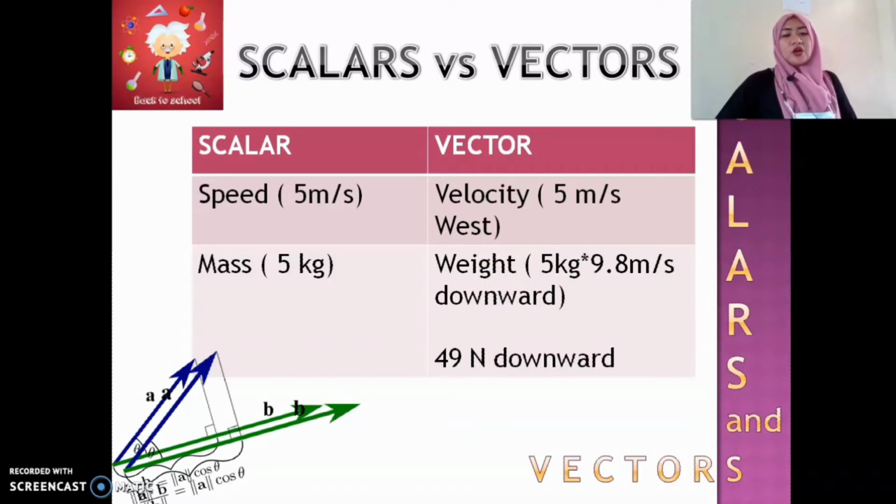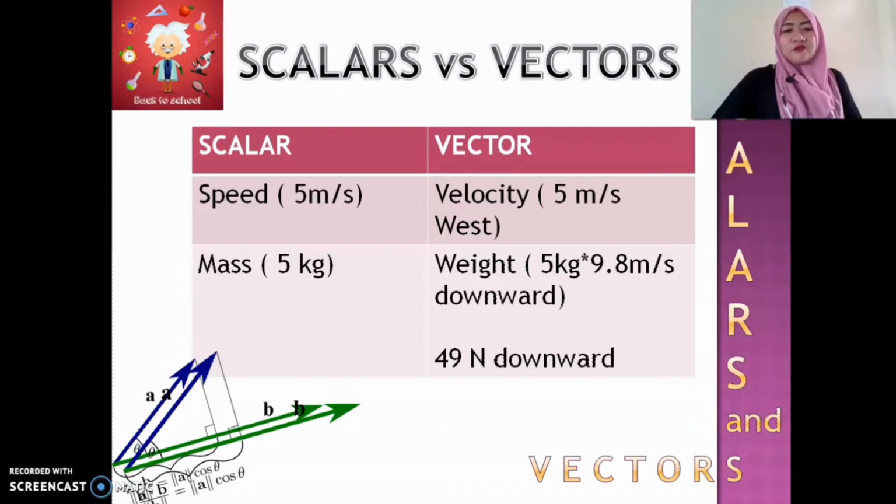And for vector, we can use the weight of an object, when we include the pull of gravity downward against the mass of an object. Let's say, for example, the mass of an object is 5 kilograms. When we want to get its weight, we would consider the pull of gravity, which is 9.8 meters per second squared downward.